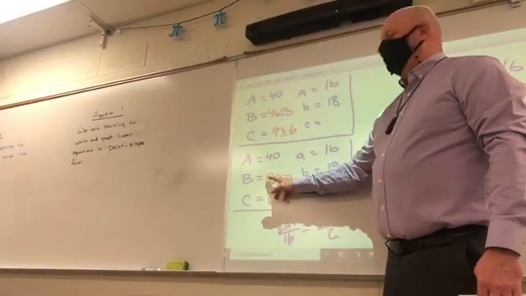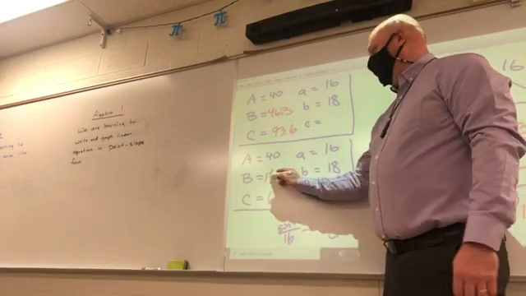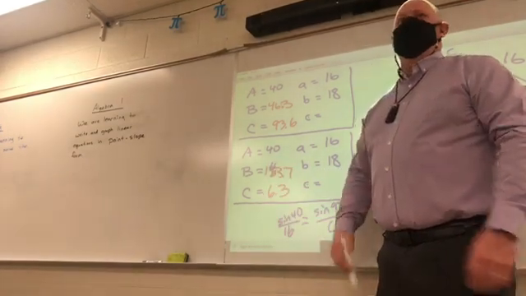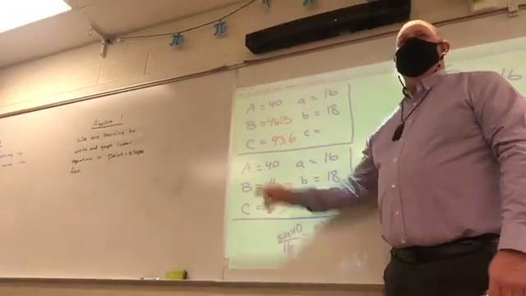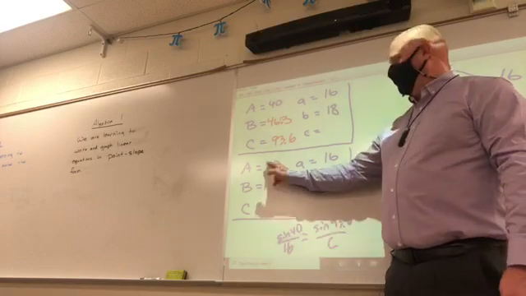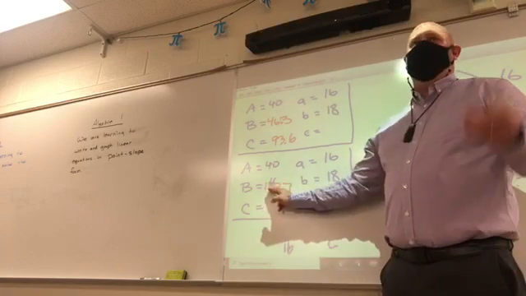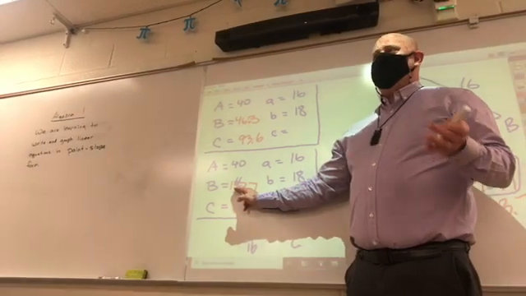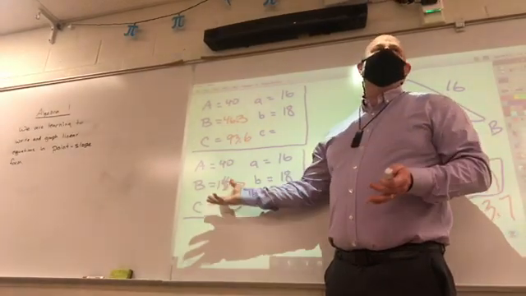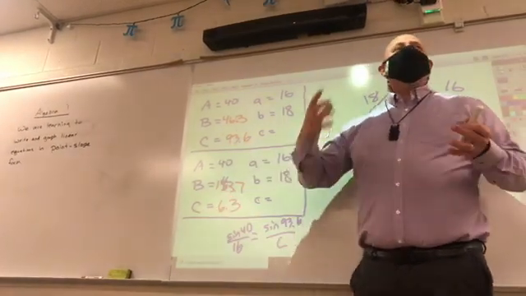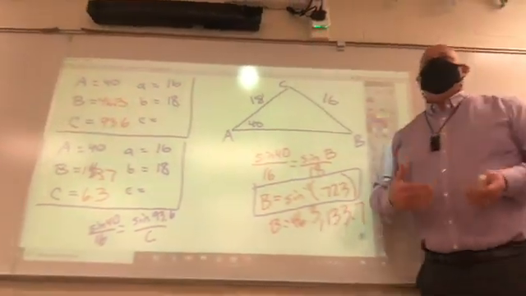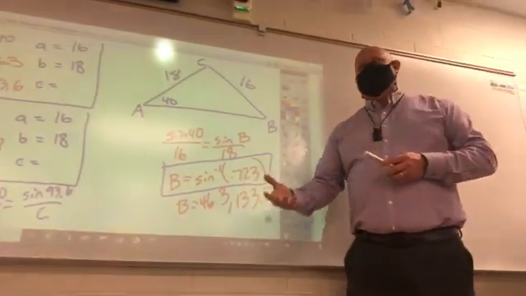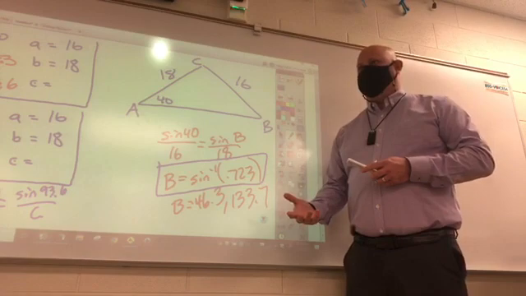And what would happen if this was 143.3? Would this work? No, because 40 plus 143 would already be over 180. That's not going to work. Something funky would happen with the second set of solutions if you're trying to find a solution that doesn't actually exist. Does that make sense?